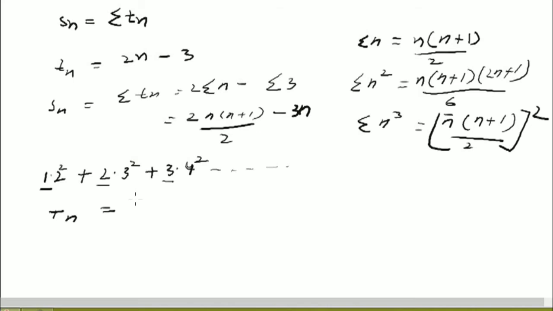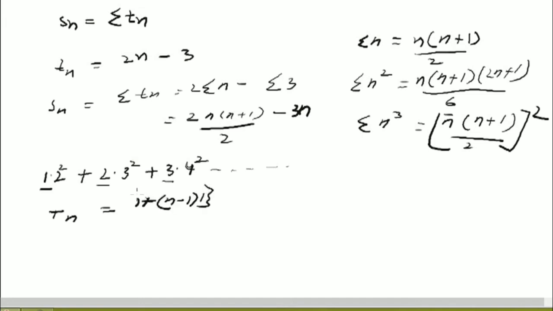Now I have to see how we are finding the nth term. You see, 1, 2, 3 is in AP, so the nth term of the AP will be A plus n minus 1 into D. Luckily it is coming out to be n here, but you follow this technique for finding the nth term of the AP.